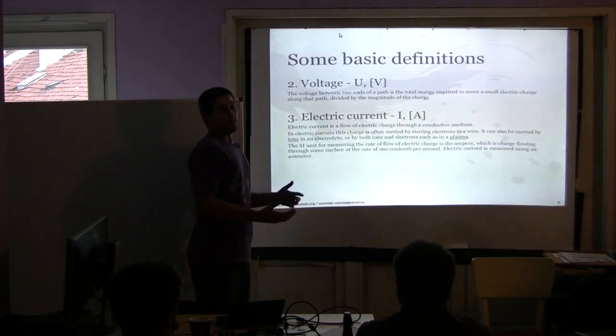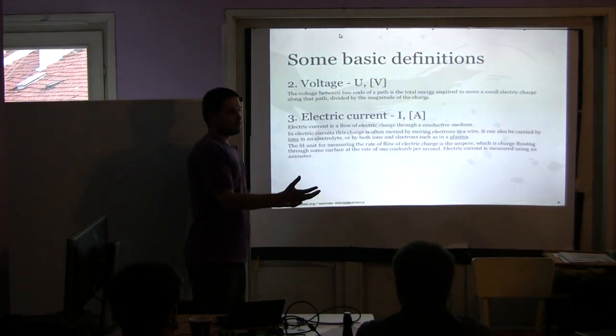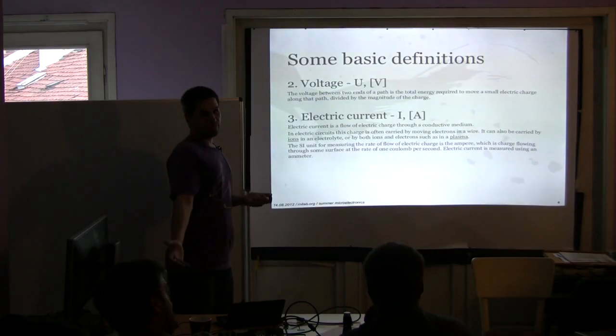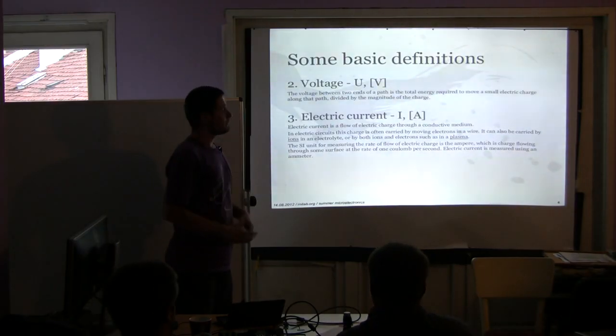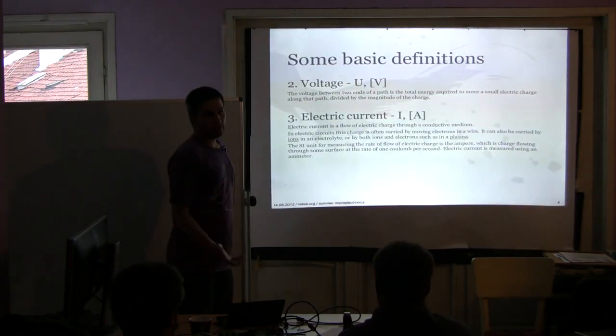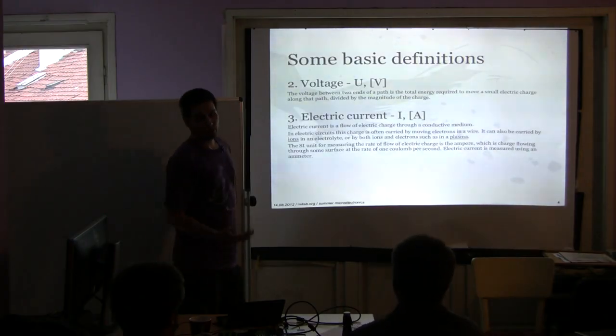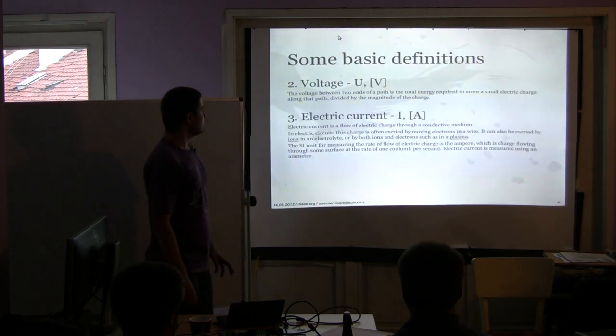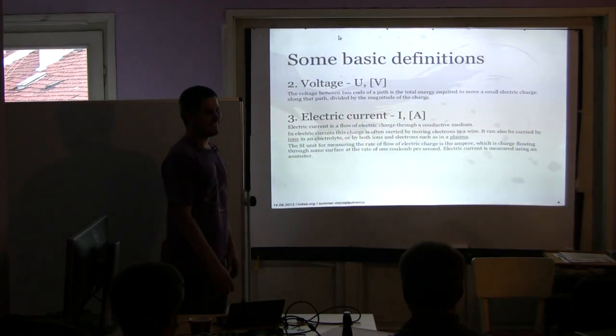So if we want to make this charge move from one place to another, we have to apply a certain amount of voltage. This is meant here. And it's very simple, actually.